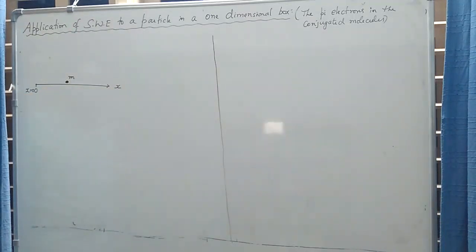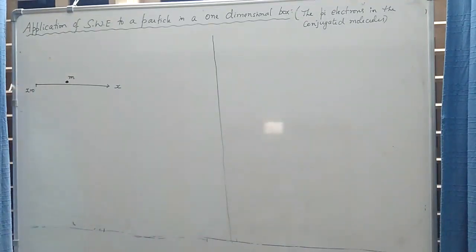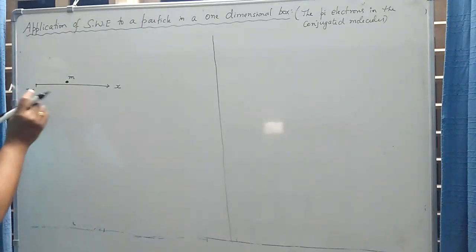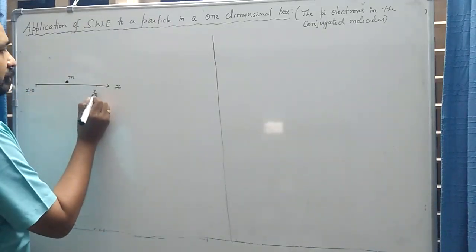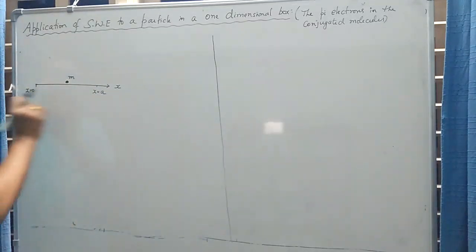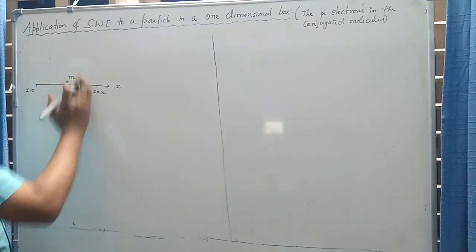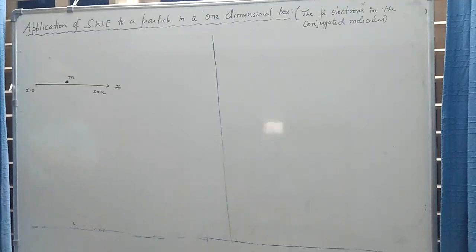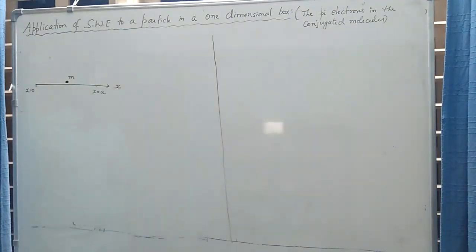The particle of mass m is allowed to travel only in one direction, along the x-axis. We assume that this particle can move only between x is equal to 0 and some point x is equal to a. The particle is free to move anywhere between x is equal to 0 and x is equal to a, but it cannot move beyond x is equal to a or beyond x is equal to 0.